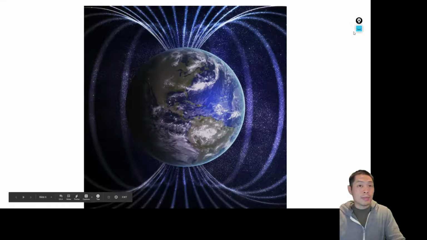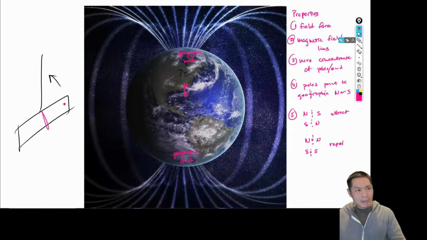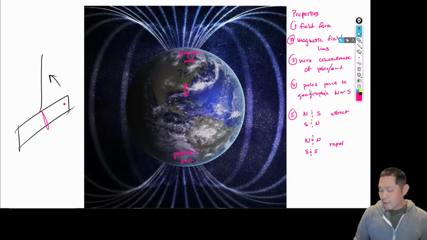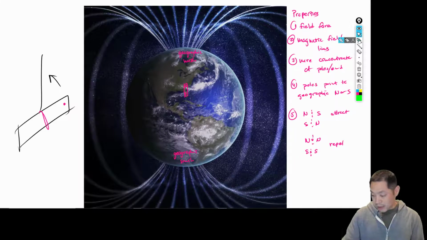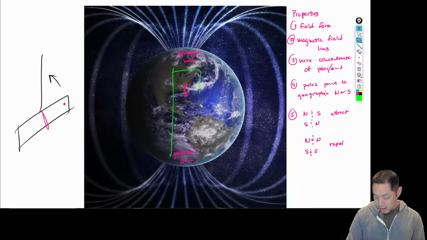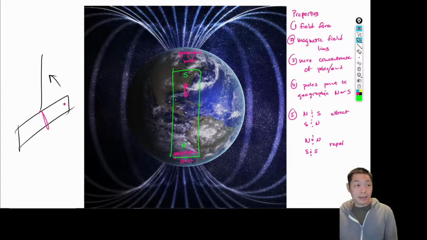Now, if we come back to this picture and think about that: if magnets are attracted to their opposite poles, then technically, if Earth was a gigantic magnet, even though this is the geographic north, it is technically the south of a magnet, and this is technically the north of a magnet.